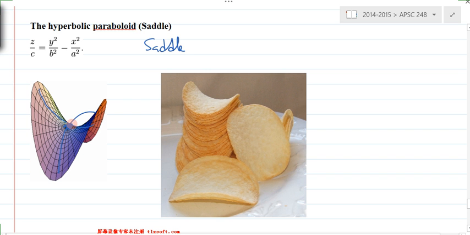Basically, it's what we call a stationary point. However, if you walk in this direction, it's increasing. If you walk in this direction, it's decreasing. That's a saddle. Just like in 2D, we have a so-called inflection point.